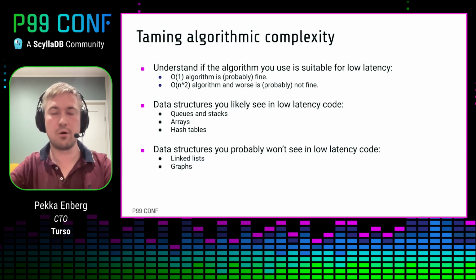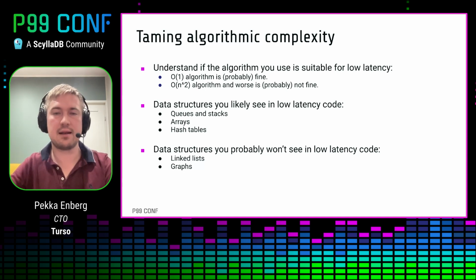So O(1), which means constant time, is probably going to be fine. Of course, it depends on the constant, but oftentimes this is fine. If you have an O(n squared) algorithm or worse, it is probably not fine. These are just rules of thumb, because sometimes you can have a complex algorithm that's in practice very fast because you have small data sets, for example.